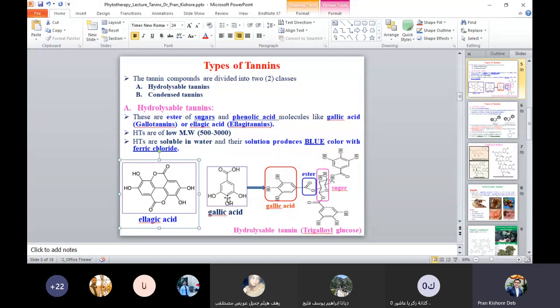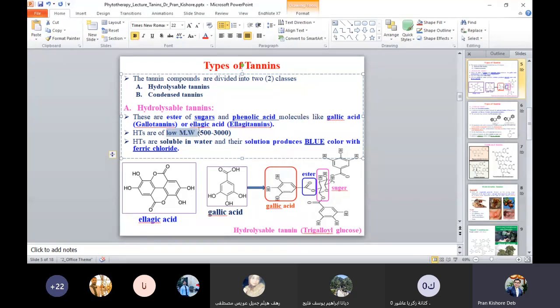These two can bind with sugar through an ester bond and form hydrolyzable tannins. So gallic acid forms gallotannin, ellagic acid forms ellagitannins, and they have low molecular weight.